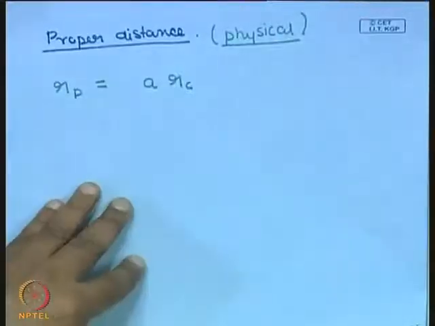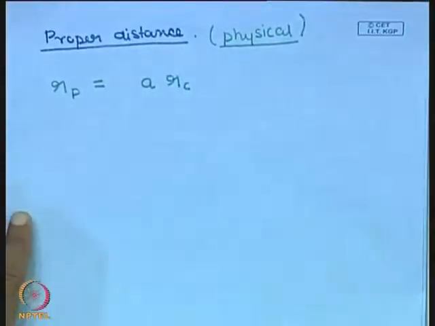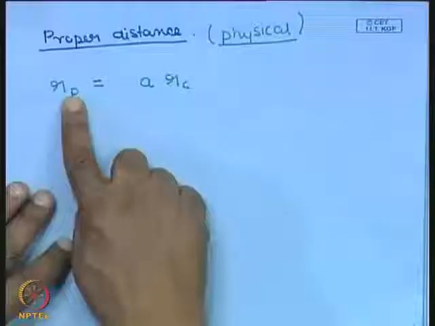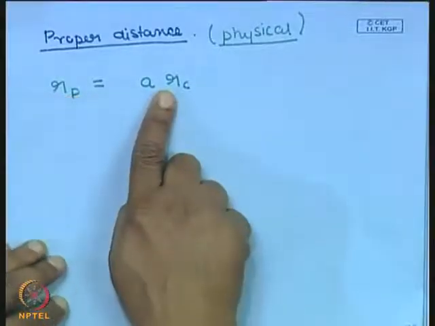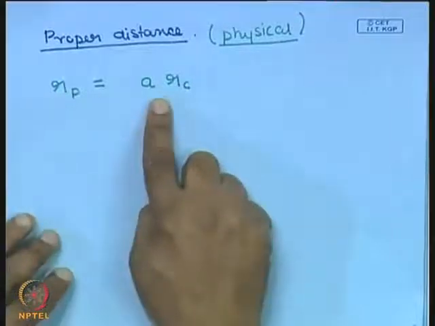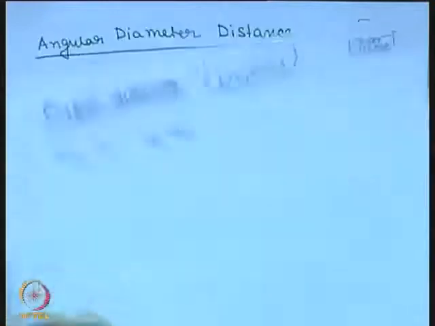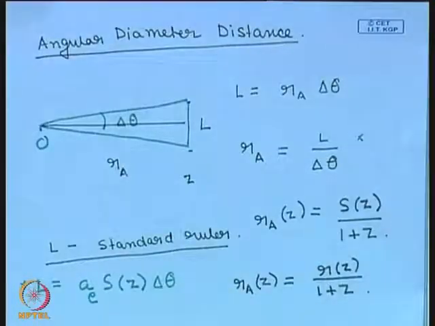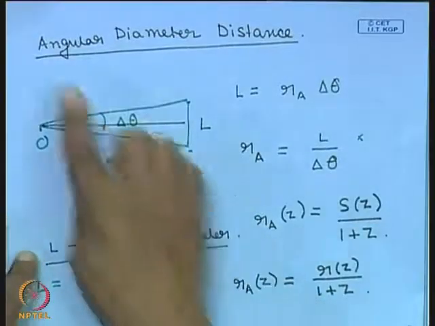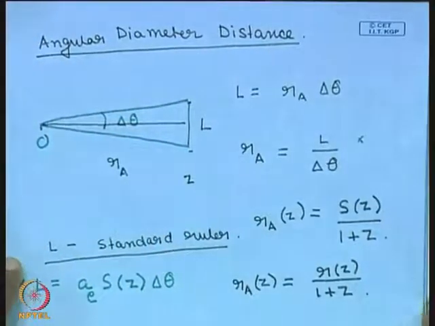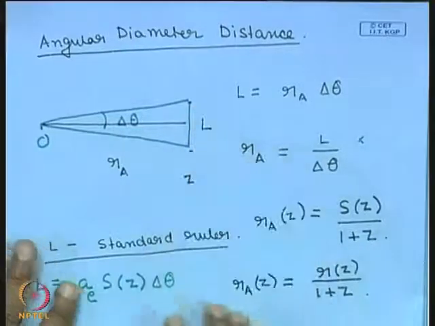But then I told you that comoving distance is not a physical quantity. The first physical quantity that you can define is the proper distance, which is the actual physical distance between 2 points, but again you cannot measure this. So from the observational point of view, the first important thing that we discussed is the angular diameter distance. Let us recapitulate how it is measured.